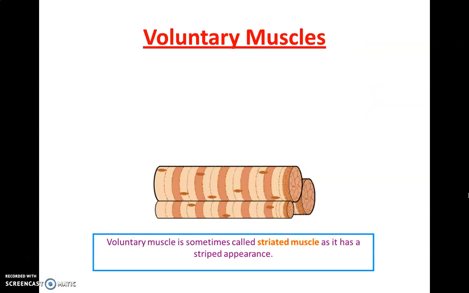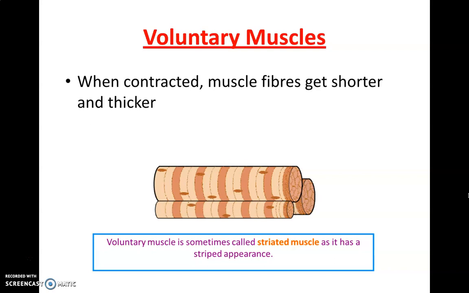Voluntary muscles are sometimes called striated muscles, as it has a striate position. Look how close together they all are. So when they contract, so when the angle gets smaller, the muscle fibers get shorter and thicker. So if you think about your bicep, when you do a bicep curl, your bicep gets bigger, doesn't it?